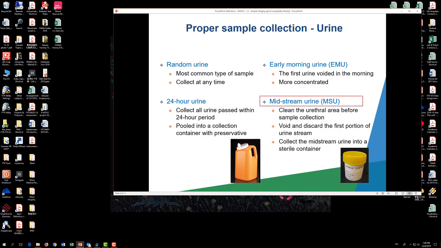Midstream urine is commonly used for microbiology culture, to detect microorganisms in urinary tract infection.